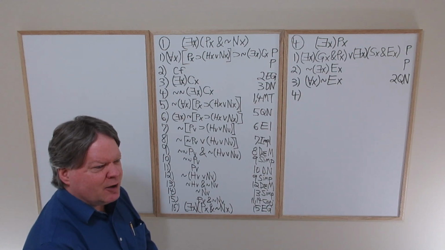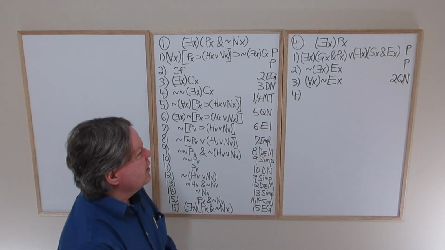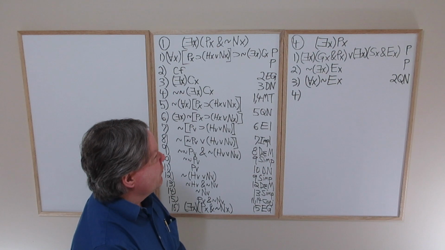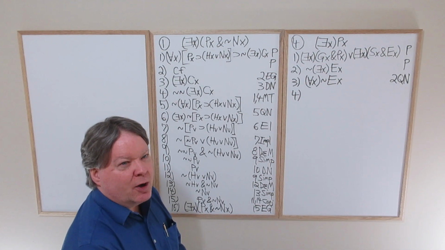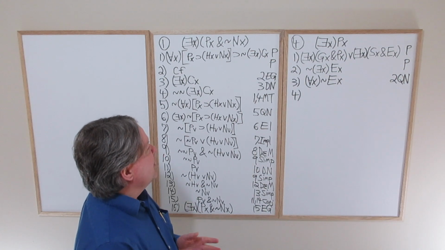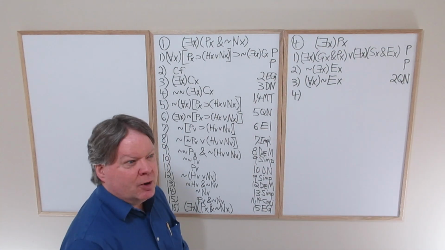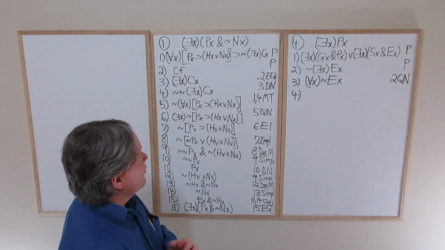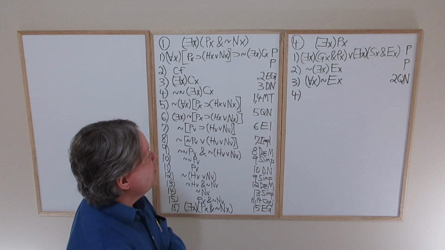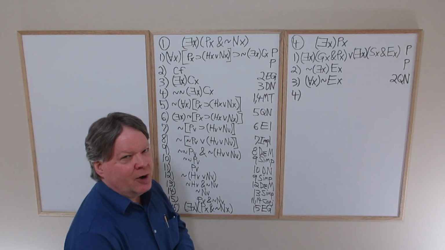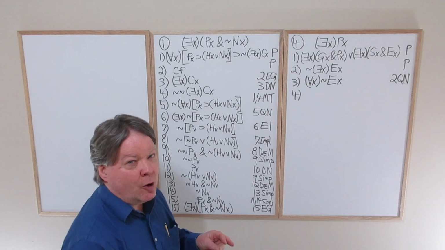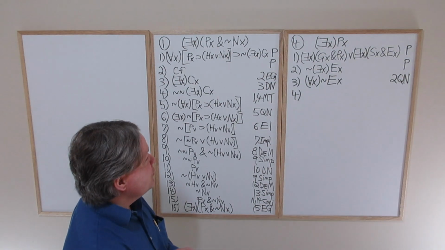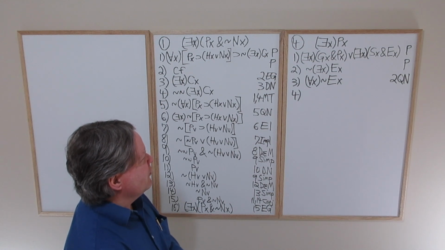Well, we're not going to get it by doing an EG, because that would have the tilde behind the quantifier. You can't use the two rules for taking quantifiers off, EI and UI, on parts of lines, nor can you use the two rules for putting quantifiers on, EG and UG, on parts of lines.